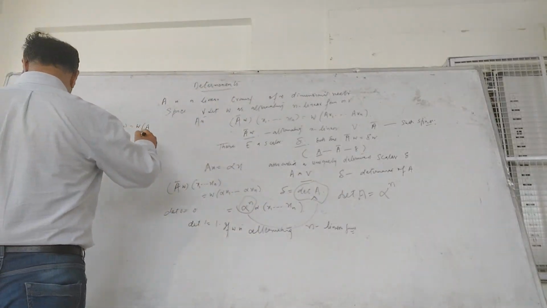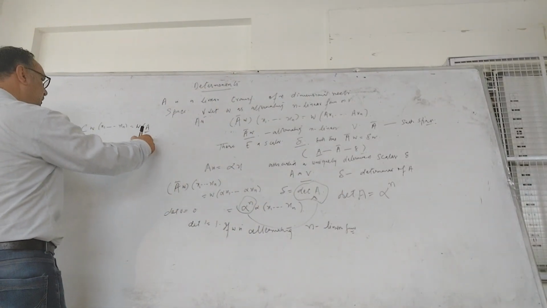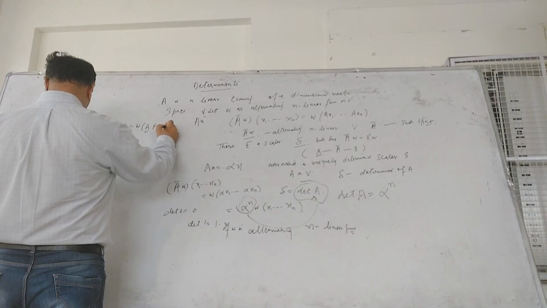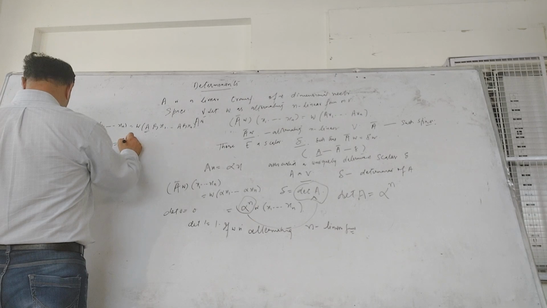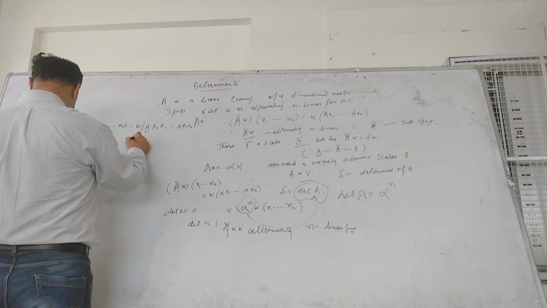If you want to write C in terms of A and B, you can write it like this: AB xn and A bar omega.